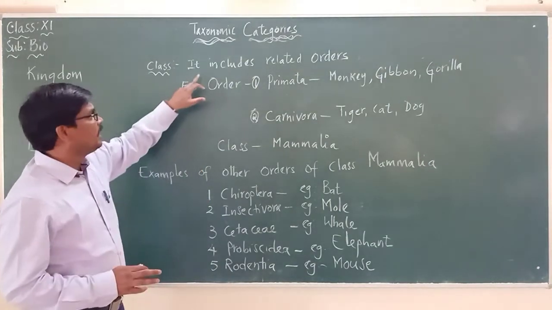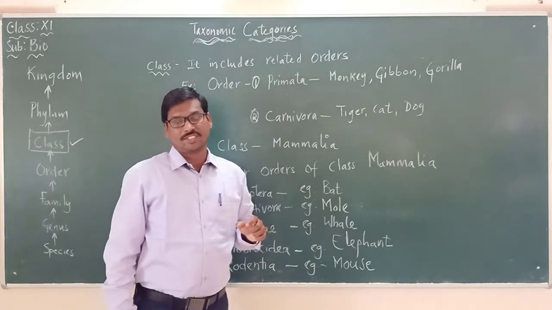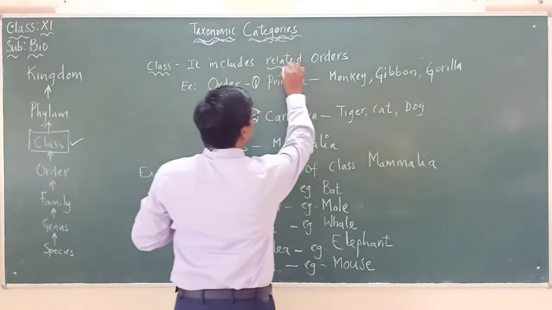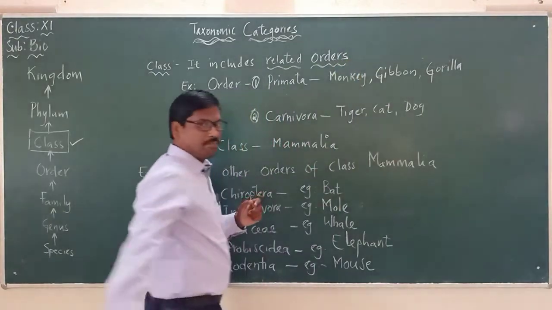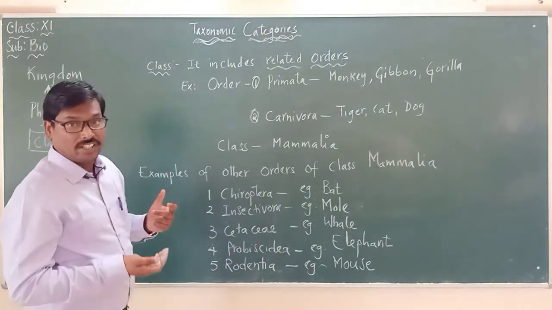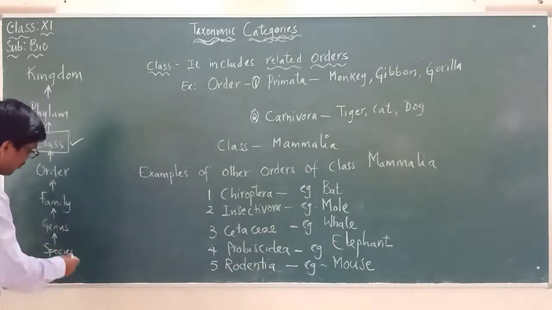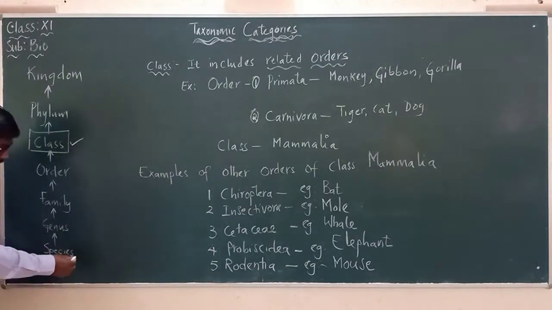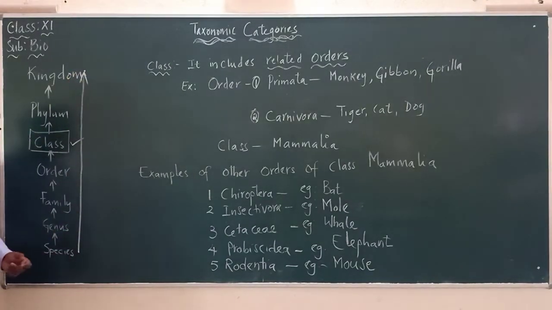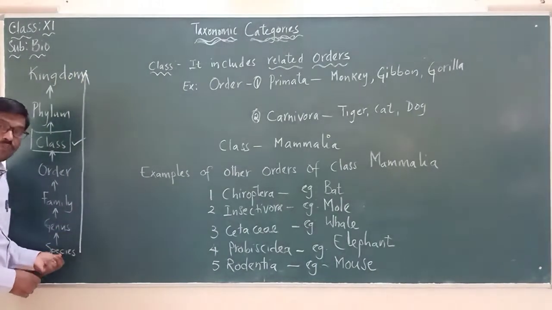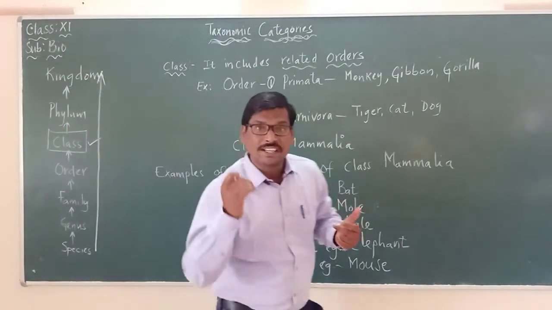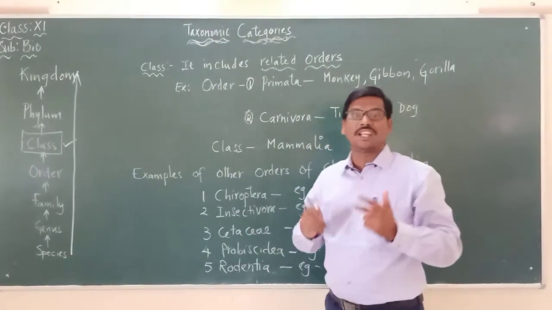Class is nothing but it includes related orders. Here we should remember what we mean by related orders. As we move from the species to the kingdom, the number of characteristics is decreasing.